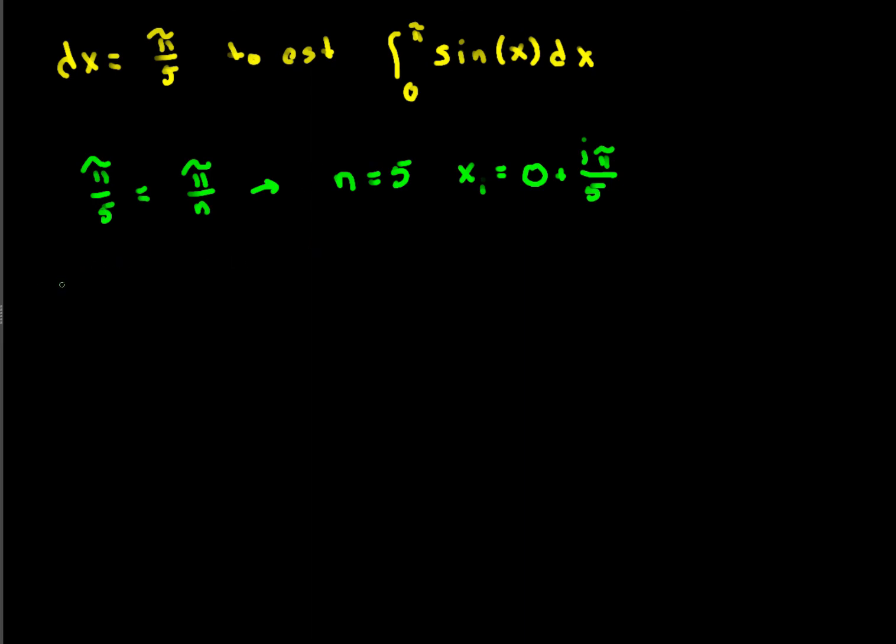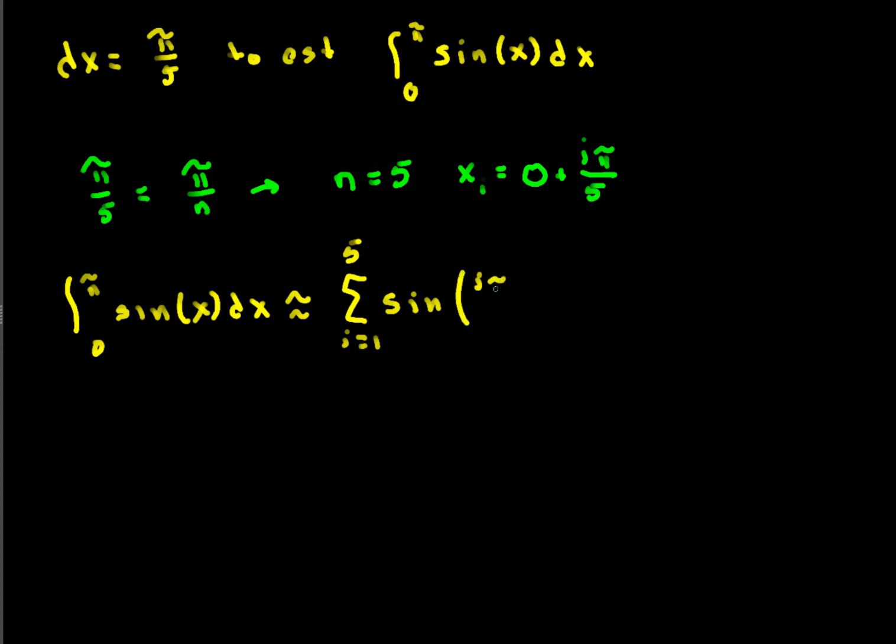So the integral from 0 to pi of sine of x dx will be approximately equal to the sum from i equals 1 to 5 of sine of i pi over 5 times pi over 5.